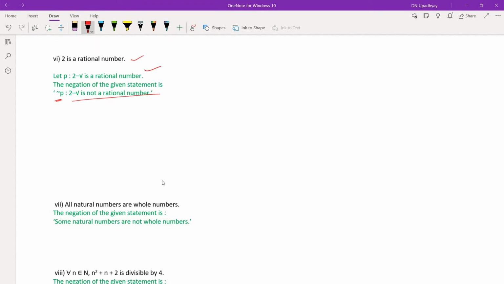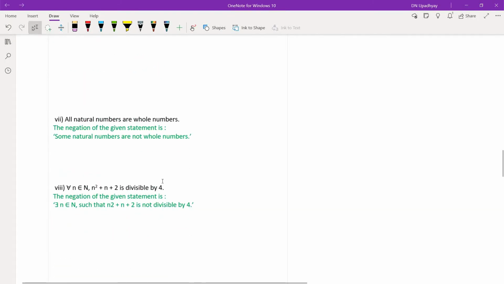It is very easy. Similarly, question number 7. All natural numbers are whole numbers. So we can write, negation of this: some natural numbers are not whole numbers.